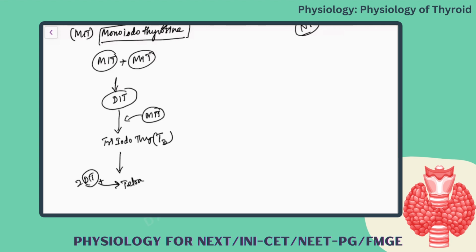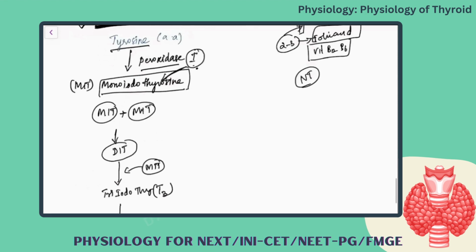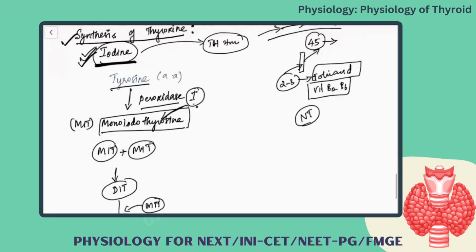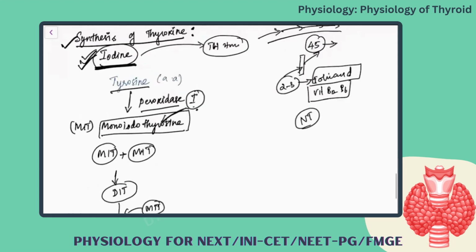This you mention as T3 and this you mention as T4. So this is how the thyroid hormone synthesis is taking place. The most important step in this is iodine trapping.